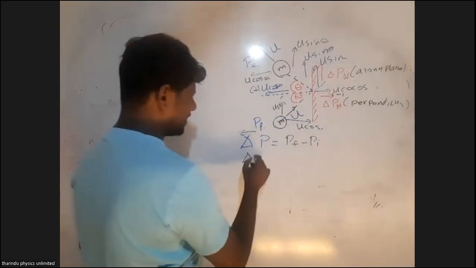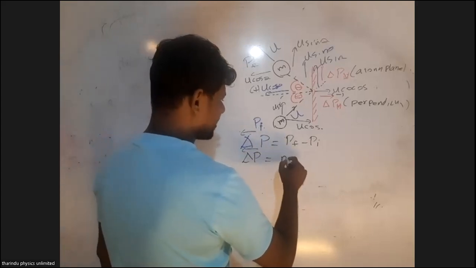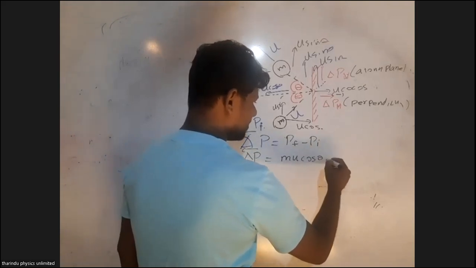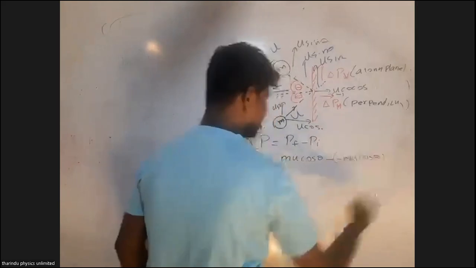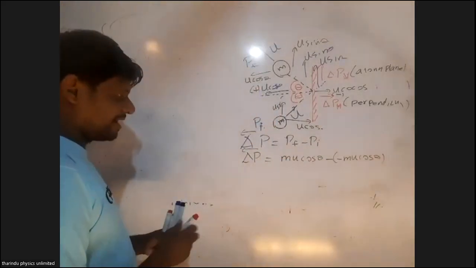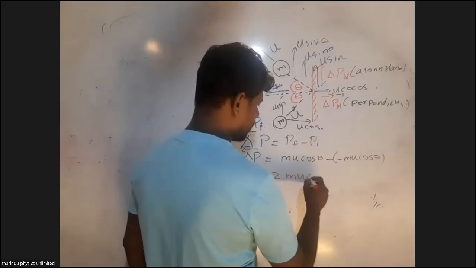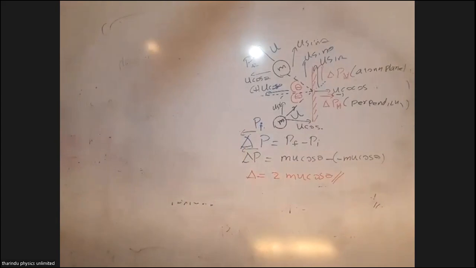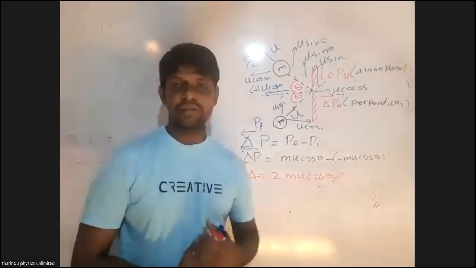Delta P equals, in this direction, mu cos theta minus (minus mu cos theta). So you can finally write the answer as 2 mu cos theta. That's all. Savindra, your answer is correct, and Senithma, your answer was correct.